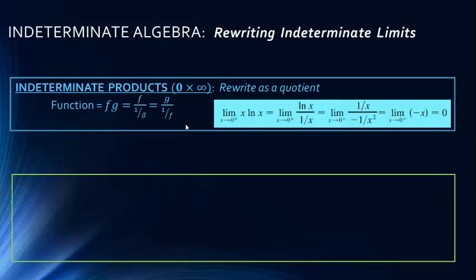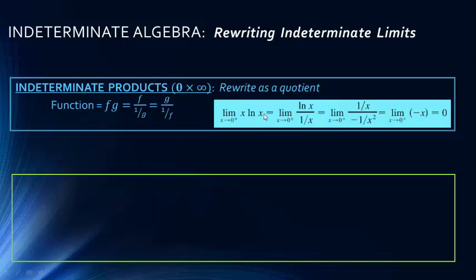If we had x times the natural log of x, notice as x goes to 0, x is 0, so this term goes to 0. But as x goes to 0, we have a negative infinity. The natural log of 0 is getting to negative infinity.